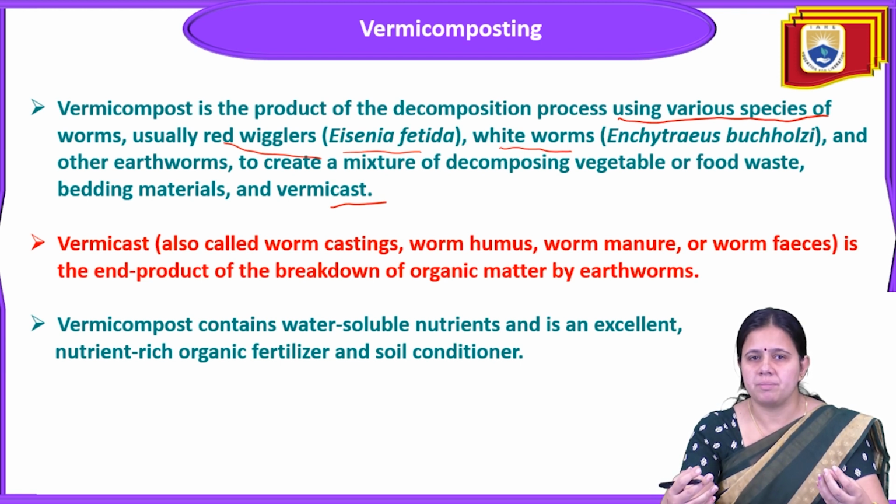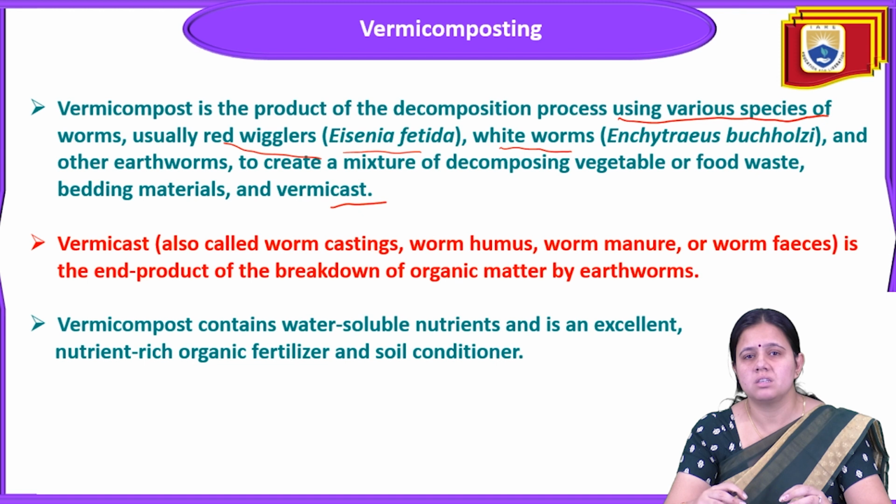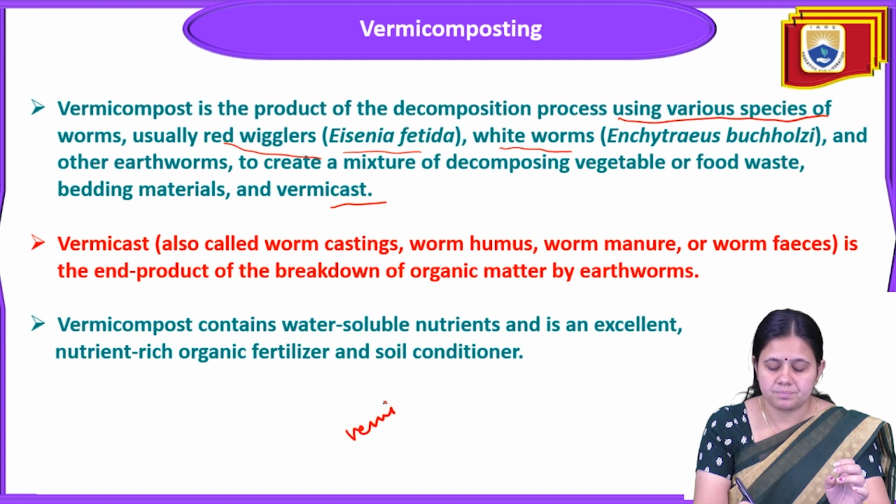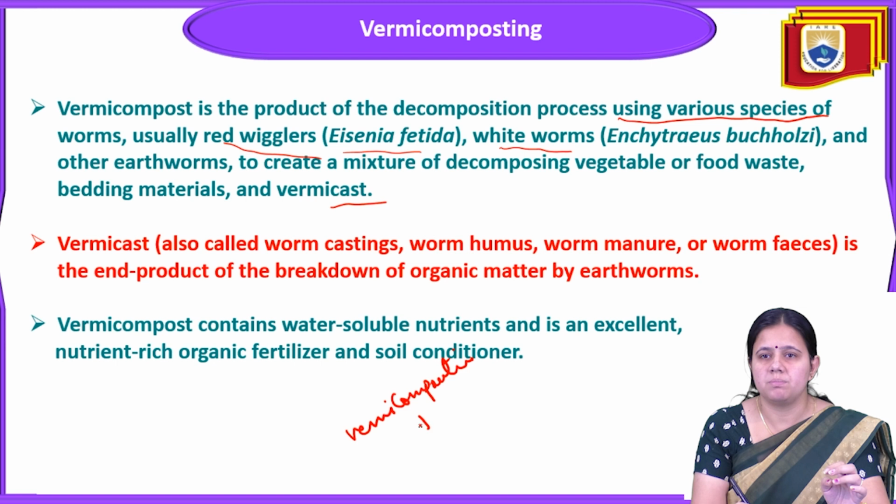In the vermicomposting process, the earthworms are added into the composting bin or composting site, and they degrade and mix with the compostable vegetables and food waste, some bedding materials and vermicast. So vermicomposting is making vermicast.